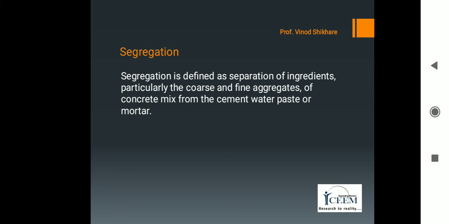Segregation is defined as separation of ingredients, particularly the coarse and fine aggregates of the concrete mix, from the cement, water paste or mortar. Generally, large size heavy particles have a tendency to settle down or separate out from the paste.